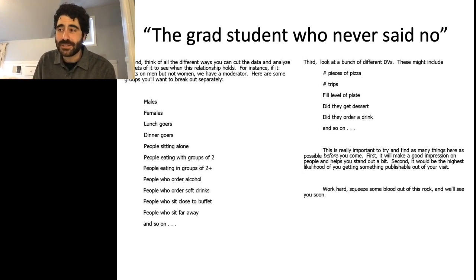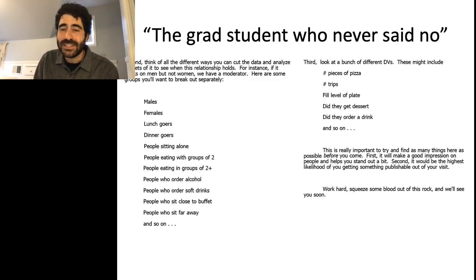So in addition to measuring the number of pieces of pizza people are eating, they're also measuring how many trips did they make to the buffet, did they get dessert, did they order a drink, things like that, right? And so there's many different hypotheses to test here on different dependent variables that are all sort of about eating choices.